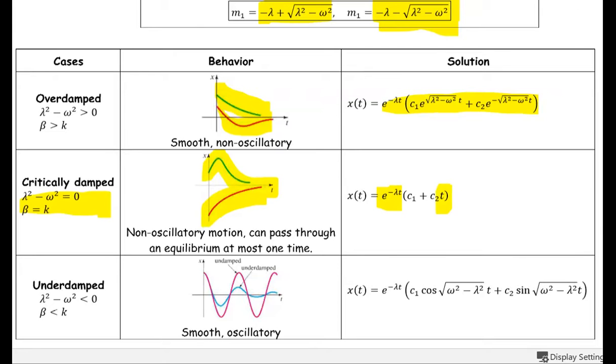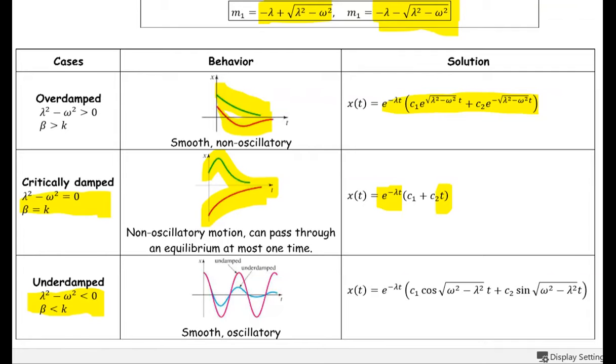The last case, underdamped, is the case where you have conjugate complex solutions, or the square root of a negative number. In that case, it has sine and cosine involved. So for the free damped motion, you are going to have both the exponential and the trig terms as part of the solution for the underdamped.